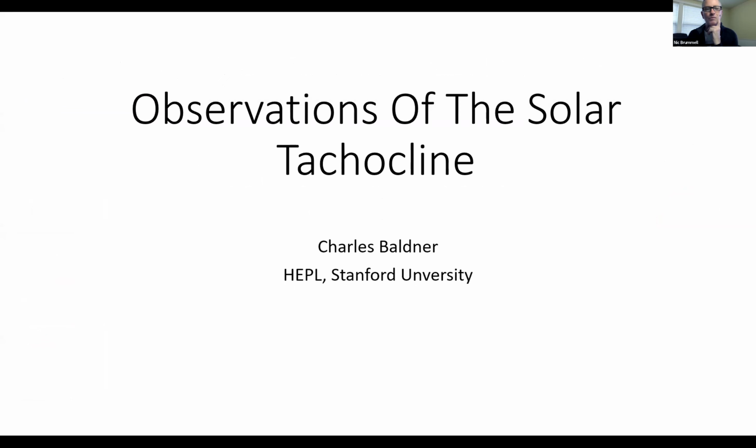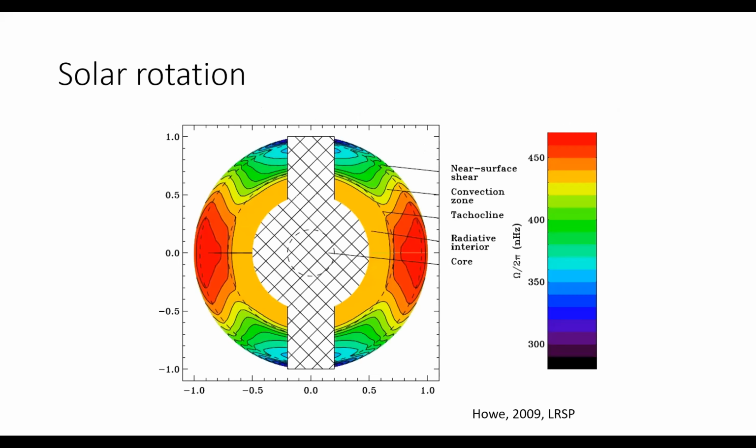Thanks, Charles. Okay. So I'm going to talk a little bit about what we know empirically about the solar tachocline. This is going to be a helioseismology talk, because that's the only way we can directly make any sort of empirical measurements about the tachocline, and that's how it was first discovered, of course. I don't think I need to say a whole lot about what the tachocline is.